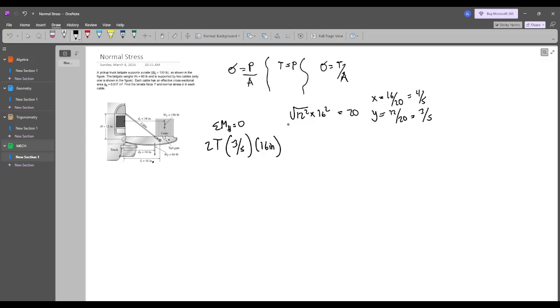It rotates clockwise, therefore it's a negative value of 60 pounds with a length of 14 inches. Gotta be careful of how you understand these given values, because sometimes it can be confusing.